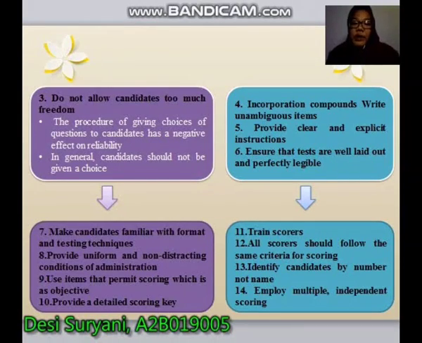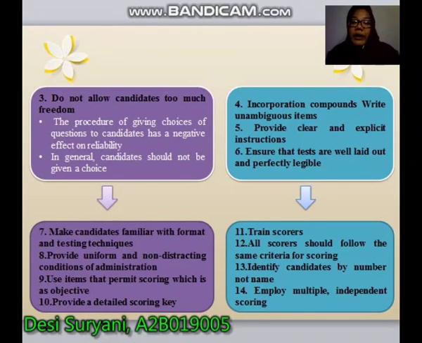The next one is write unambiguous items. Provide clear and explicit instructions. Ensure that tests are well laid out and perfectly legible. Make candidates familiar with format and testing techniques. Provide uniform and non-distracting conditions of administration. Use items that permit scoring which is as objective as possible.